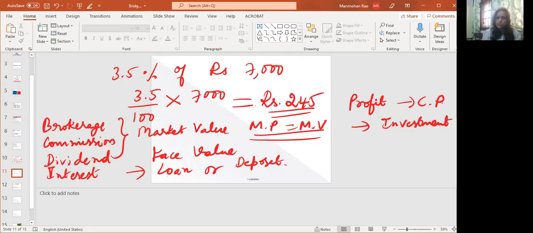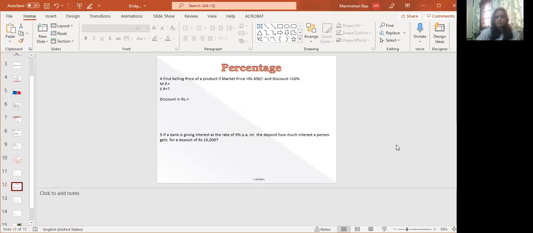Percentage is used in the calculation of brokerage charges, in knowing the dividend, in knowing the interest, how much loan you have to repay, while calculating EMI, annuity, and while calculating the profit if you are in business, how much profit we get for 100 rupees. That is nothing but the rate of return, rate of interest, rate of dividend, rate of brokerage, rate of commission. So these are the things which you come across in the first semester.